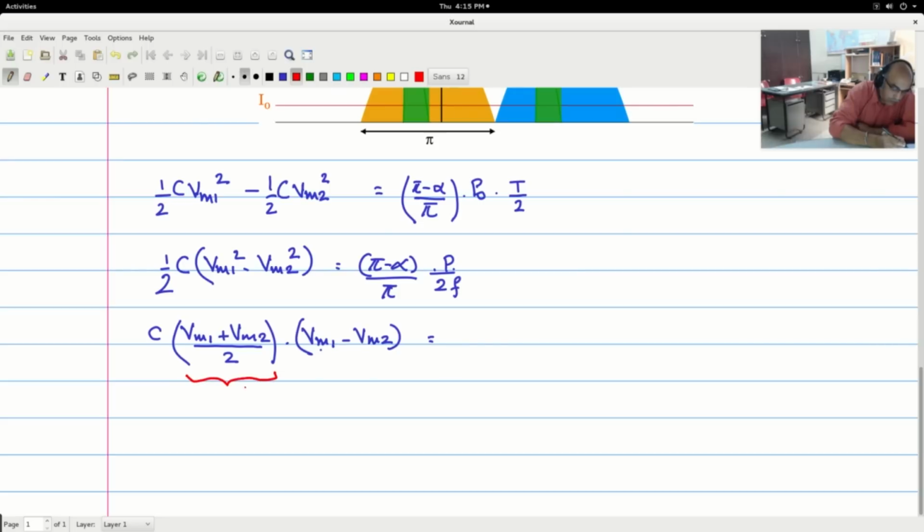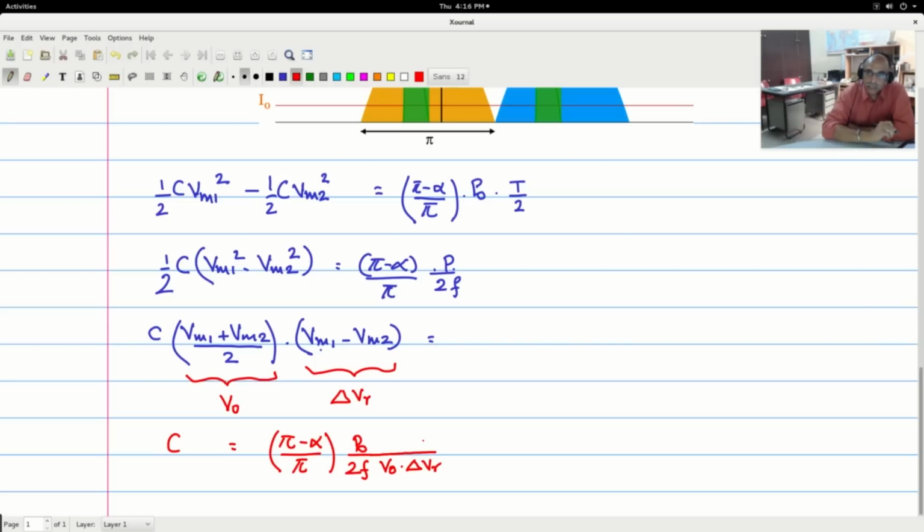This is nothing but V naught, the average value. This is nothing but delta VR. So therefore we have C equals (pi minus alpha) by pi, P naught by 2f, V naught times delta VR coming in the denominator.